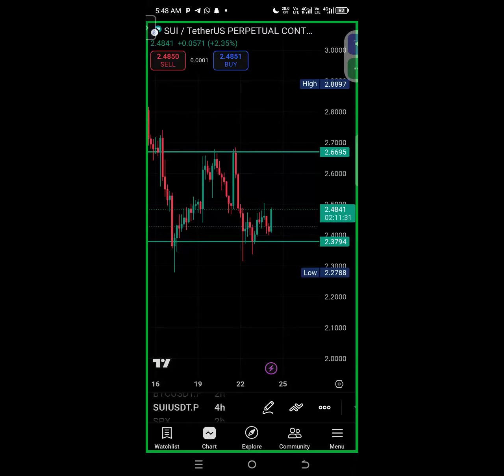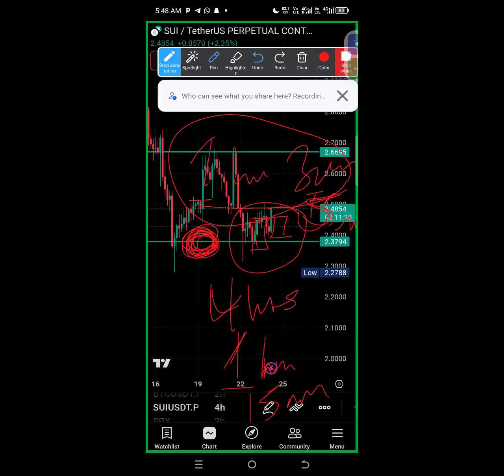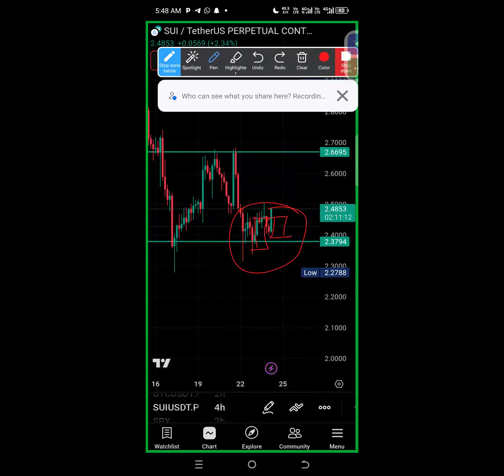Now, what we are saying is that on the resistance, if it happens that price got to this zone and it couldn't continue further, that is, it couldn't break out, what buyers will do or what traders will do is they will start longing or they will start buying here.